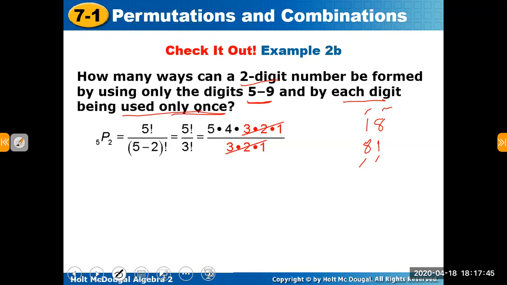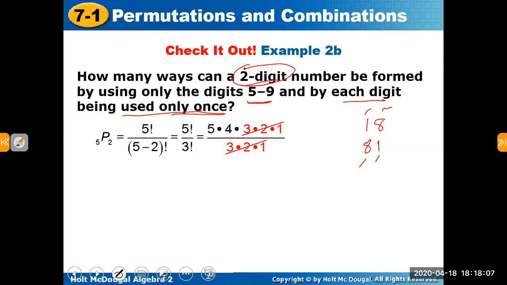So it's definitely a permutation. Two hints are given: one, that it's a 2-digit number, and two, that repetition of the same number is not allowed. So we are using 5P2.